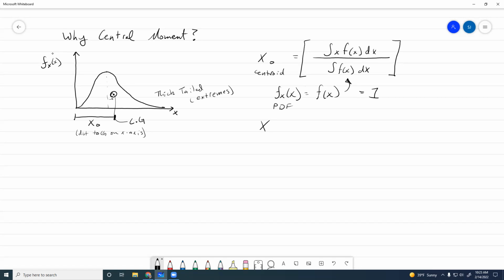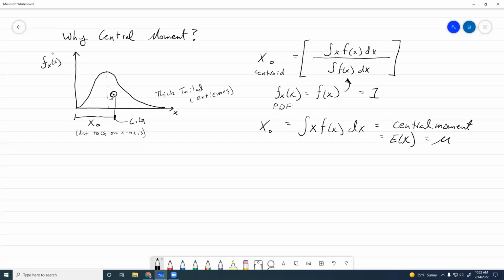And so we end up with x naught is just equal to the integral of x f of x dx, which is equal to the central moment, or the expected value of x.